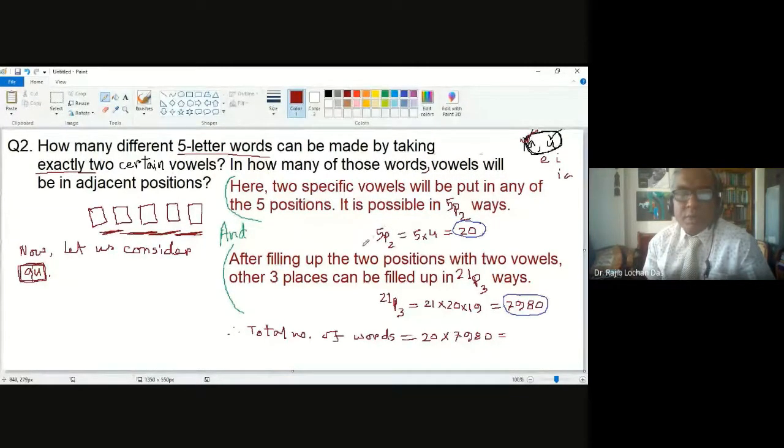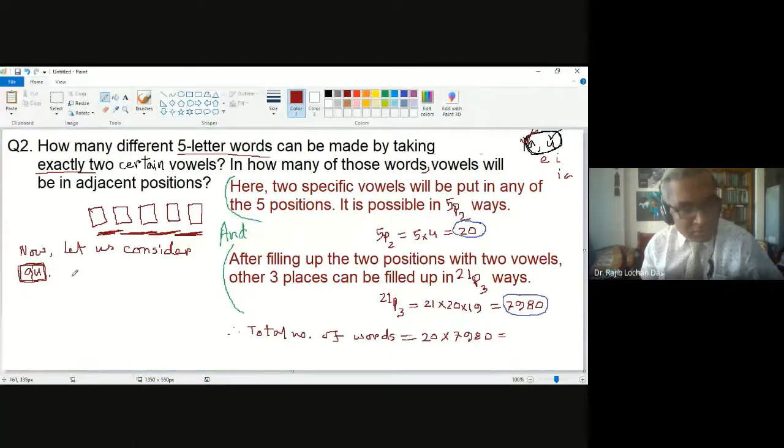That is 5P2. Now it will be considered as 4P1. Why? Because there will be 1, 2, 2, 3, 3, 4, 4, 5. So there are four positions actually. Four joined positions, and you have one joined option. So that will be 4P1.